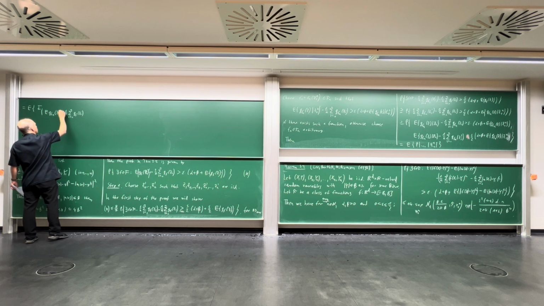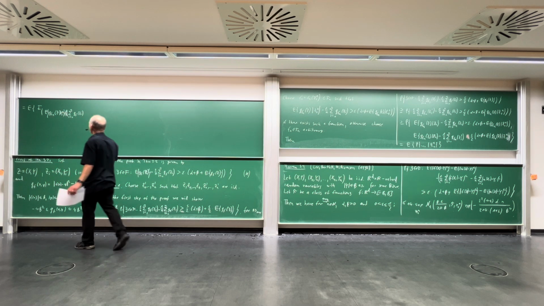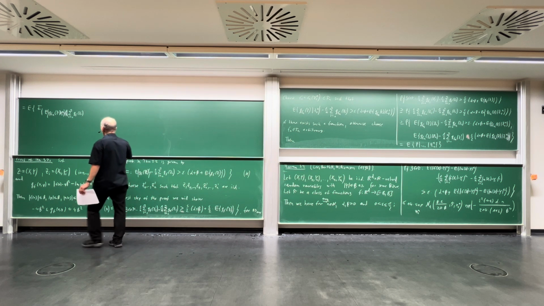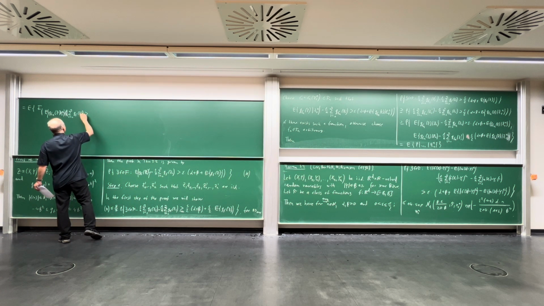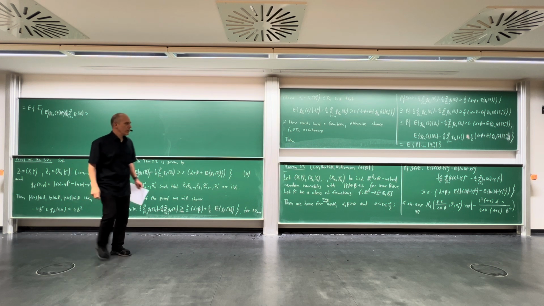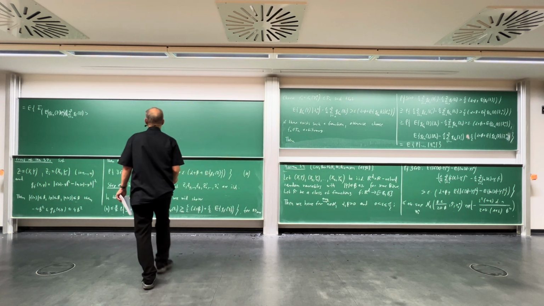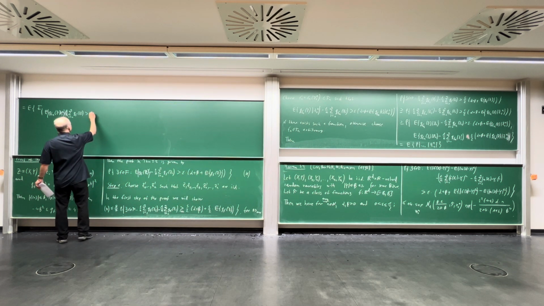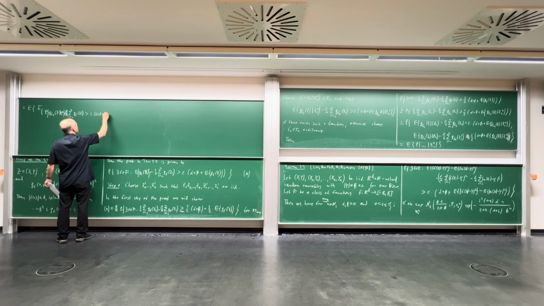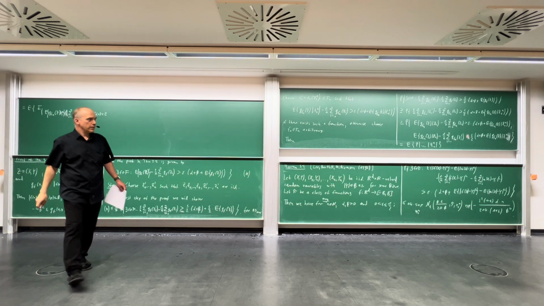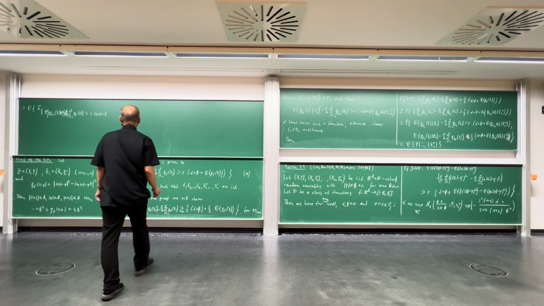That's a conditional expectation, sorry. That's Z1 greater than epsilon times the expectation of GFN.